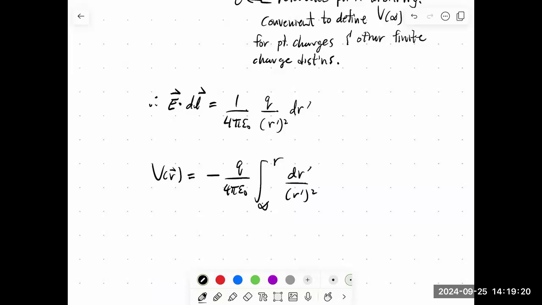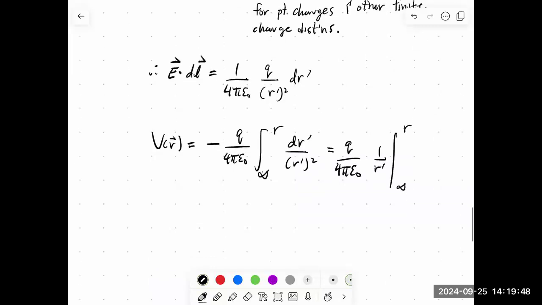So this is r prime to the -2. When we integrate, we raise the exponent by 1 and divide by it. That's going to get rid of our minus sign. So we'll have Q over 4πε0, and 1 over r prime squared becomes 1 over r prime, and then we evaluate from infinity to some final position.